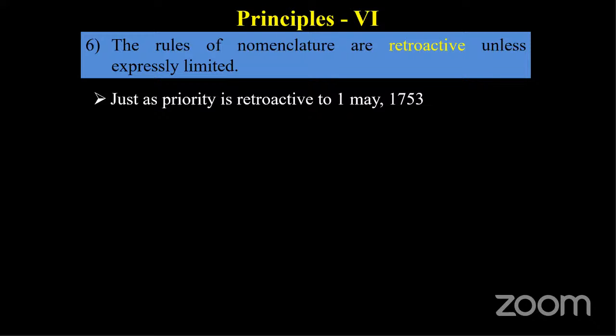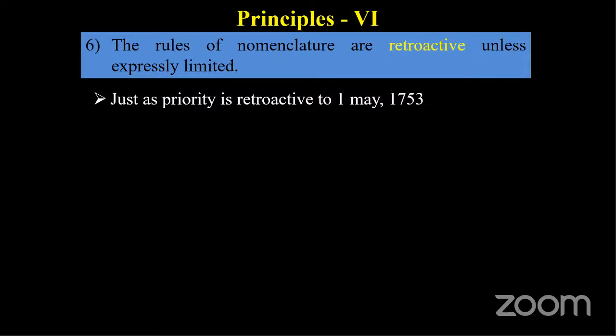But for the names suggested before 1867, this principle has been introduced: the rules of nomenclature are retroactive, meaning they are applicable before 1867 also. The priority is retroactive to 1st May 1753, so from 1st May 1753 to 1867, whatever names were given in that period must follow the rules, or they are rejected by the ICBN. This is another important principle of the ICBN.